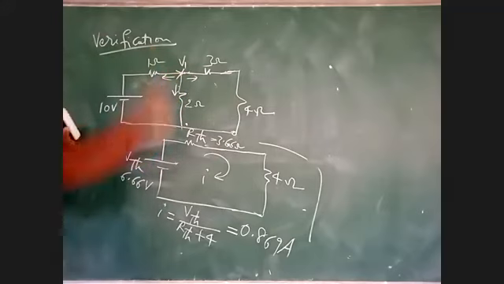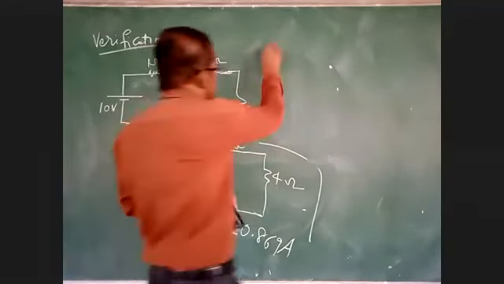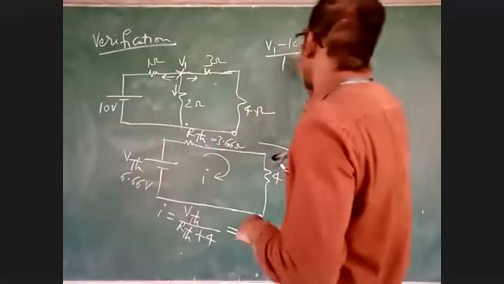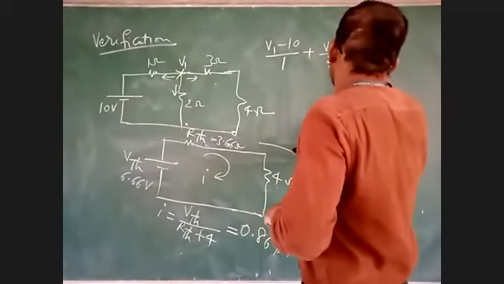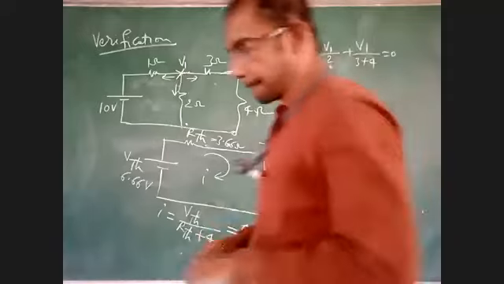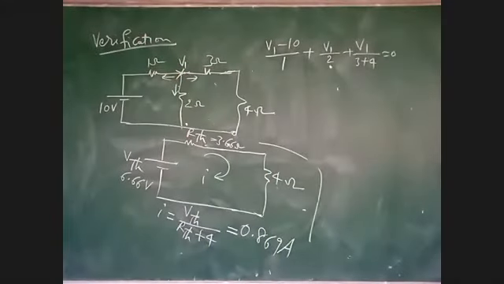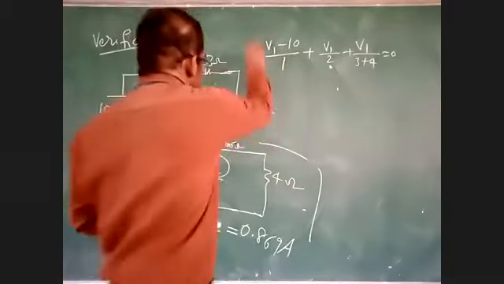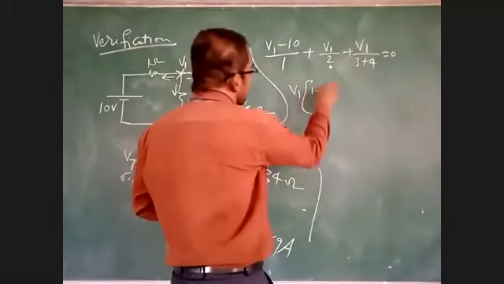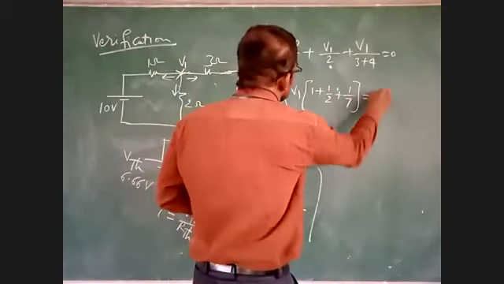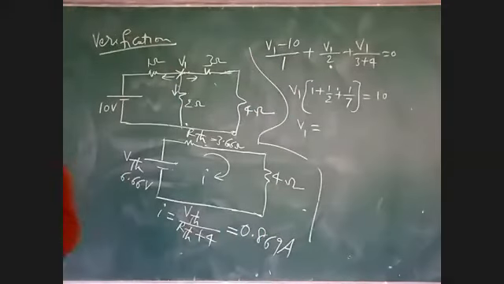Assume all the currents are leaving from the node point. V1 is 6.08.